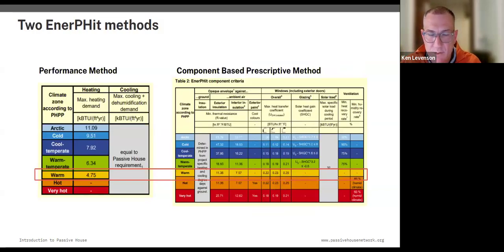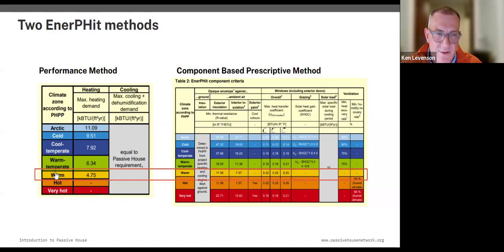EnerPHit, the retrofit standard, there's a whole other presentation on this, but there are a couple of ways of approaching it. You can approach it from the performance method, which is kind of the classic overall energy demand. And if you're in a tougher climate, it loosens up the demand.